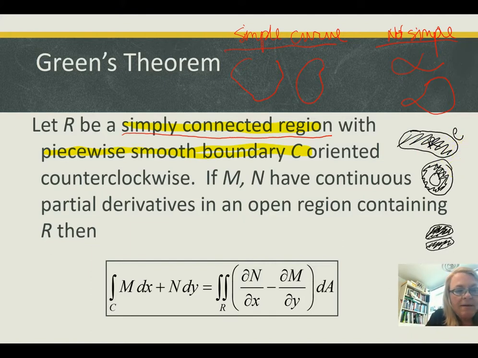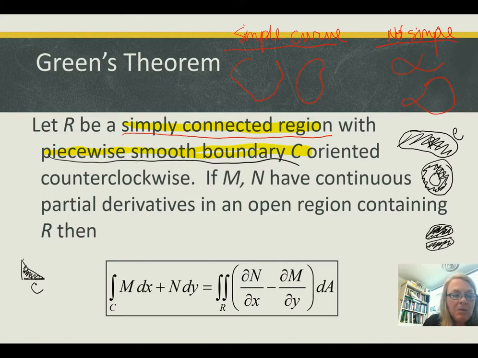I could also have a piecewise smooth boundary that's a triangle, because the triangle consists of three pieces, and each of these three pieces are lines, and lines are smooth. So this could be our region on the outside, and the boundary would be the curve C, in piecewise smooth pieces. So there would be three pieces.